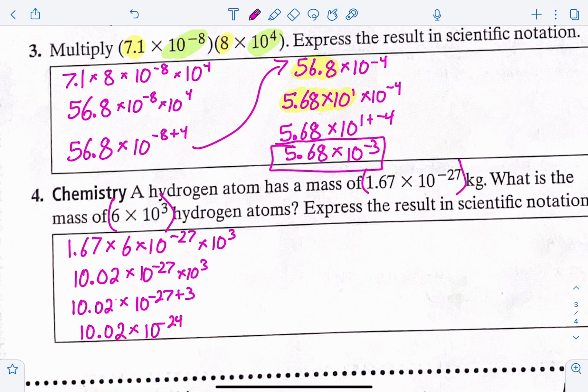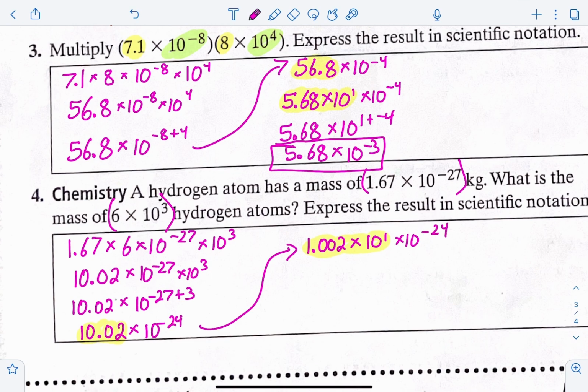Am I done? No. 10.02 is bigger than 10. So I have to turn 10.02 into 1.002 times 10 to the 1. All I did was move the decimal one place and have a 10 to the 1 times 10 to the negative 24.